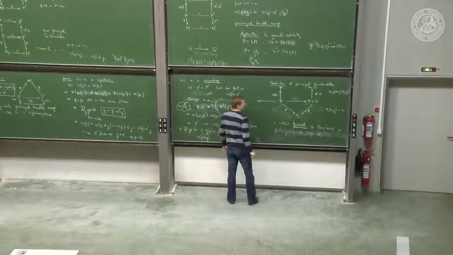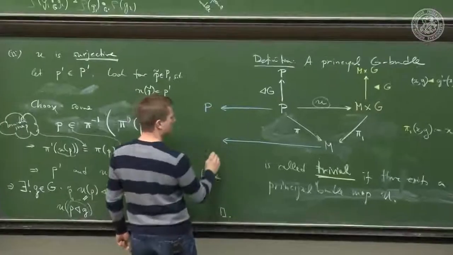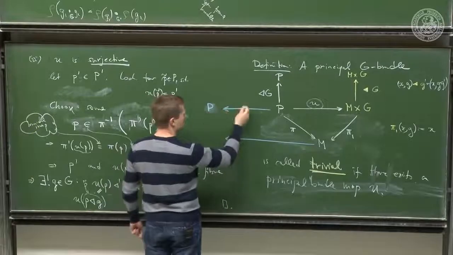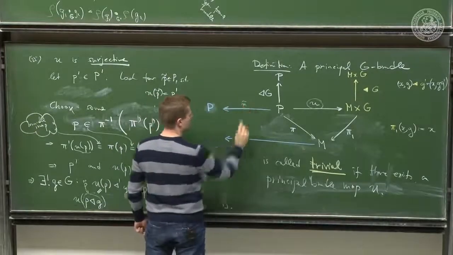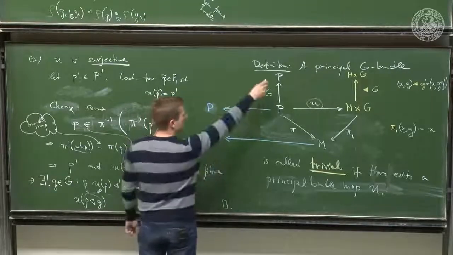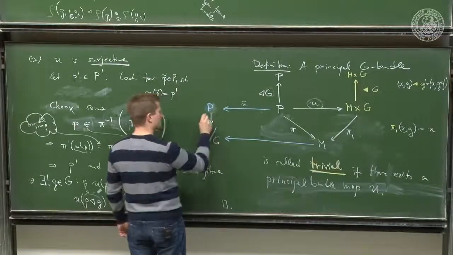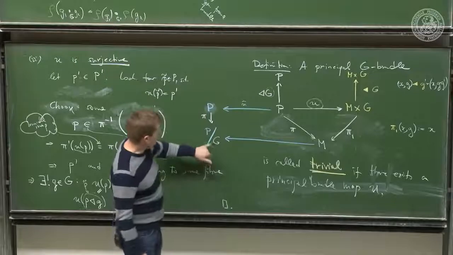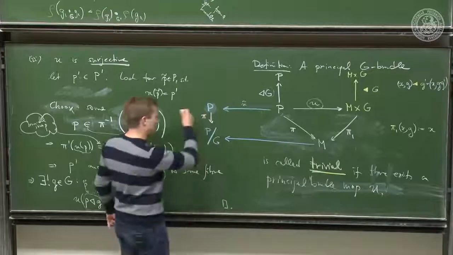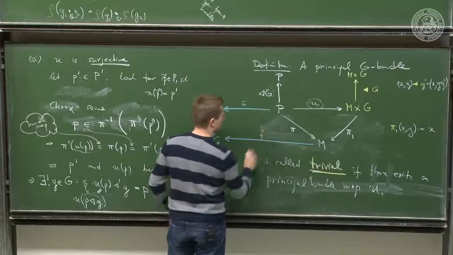You have a map from P to P, another map U, let's call it U twiddle, and down here to P mod G, the quotient space, the set of equivalence classes, the orbits. This is the quotient space map, pi twiddle. And here you have an F twiddle.